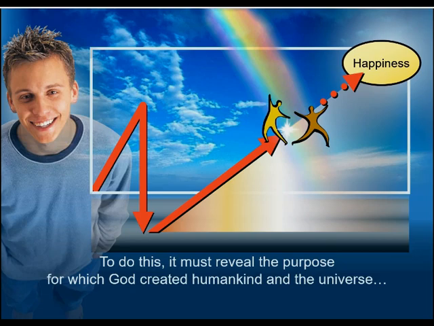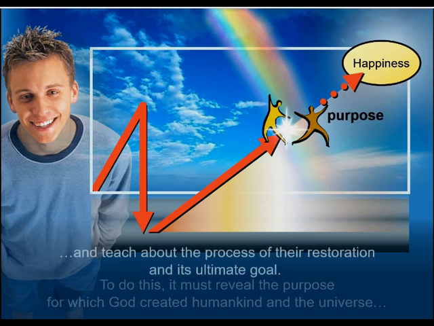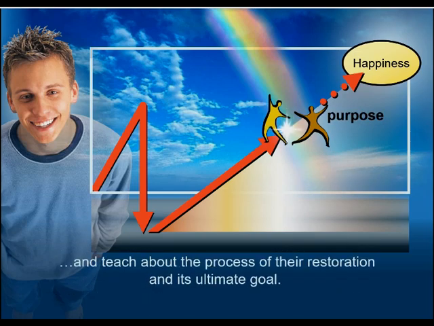That's the reason we need to study the truth, because we need to understand what our purpose is, and we need to come out of this ignorance. This ignorance is one of the major reasons why we find ourselves in such a problematic state, and why the world is in this chaos. And teach about the process of their restoration and its ultimate goal.